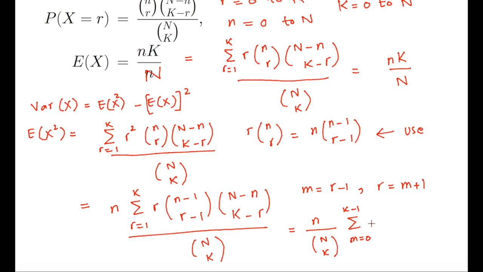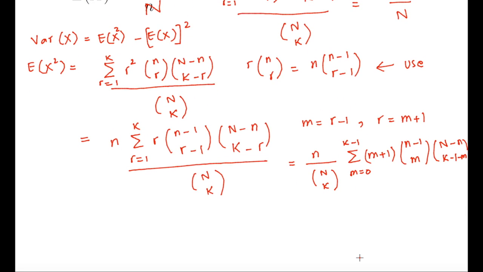Then I can say j plus 1 times m minus 1 choose j, and here I can say n minus m choose k minus 1 minus j. Okay, so now let me split these two summations. I will write it as m over n choose k and big bracket.